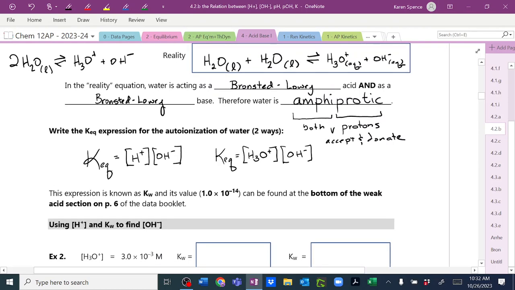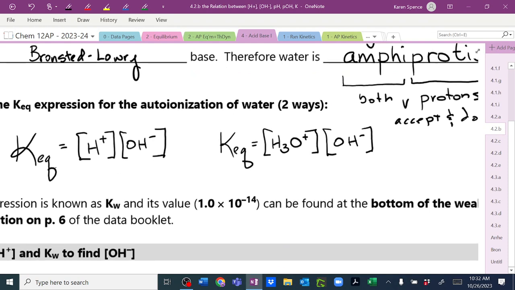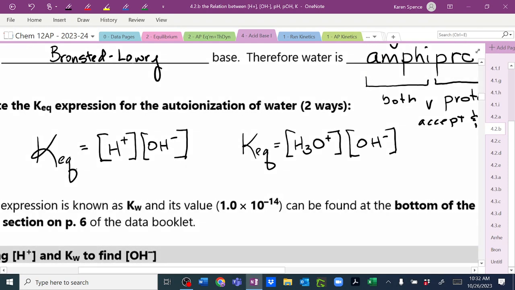All right. And do you remember what we call this Keq value? We don't call it Keq, we call it Kw. And if you ever forget that it is 1.0 times 10 to the negative 14, let's go look at your data pages.